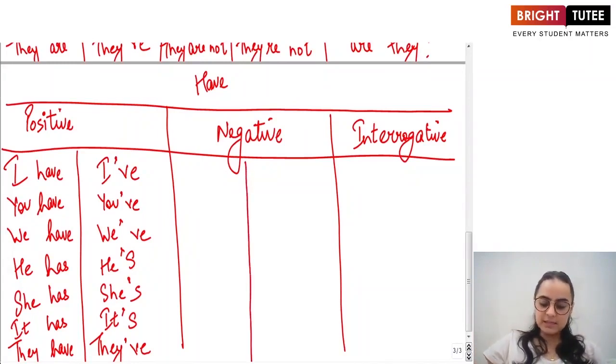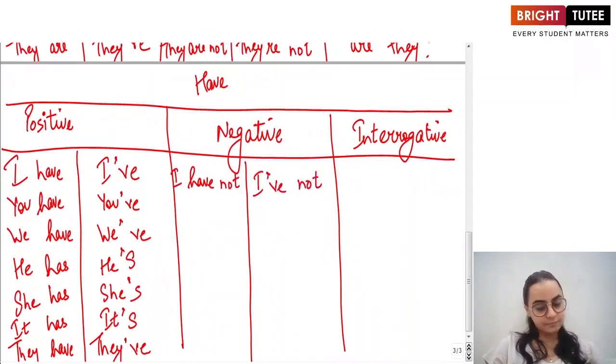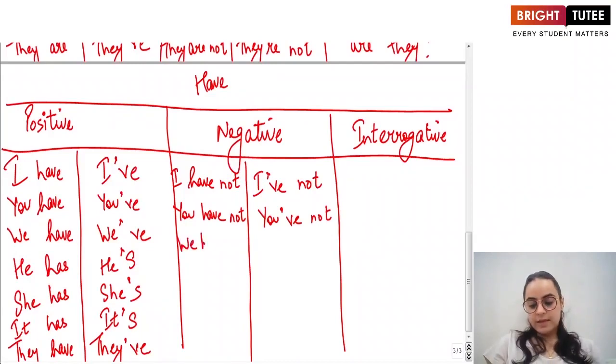Talking about the negative structure, I have not. Short form becomes I've not. You have not, and the short form becomes you've not. We have not, and the short form becomes we've not.